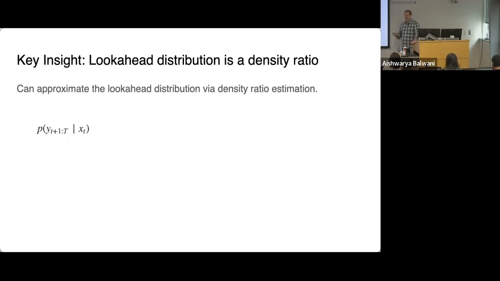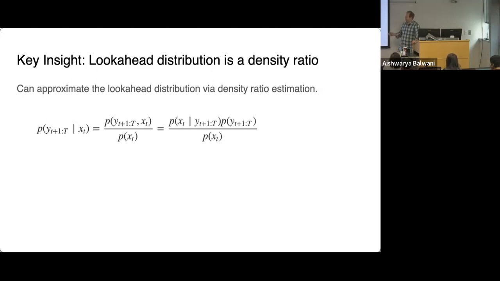So the key insight into how we're going to learn that thing is we're going to say this look-ahead distribution, P of future data given state at time t, we can approximate using density ratio estimation. So first of all, we'll use Bayes' rule. We'll write this as the joint divided by the marginal. Nothing fancy.